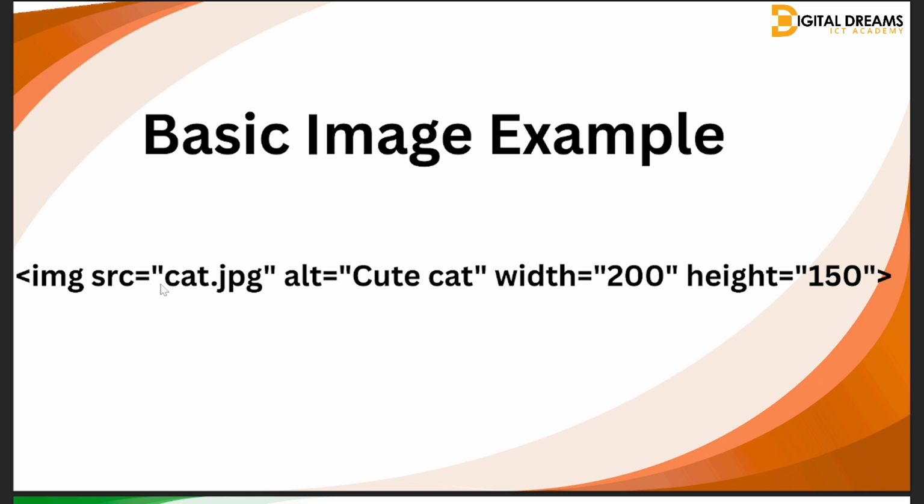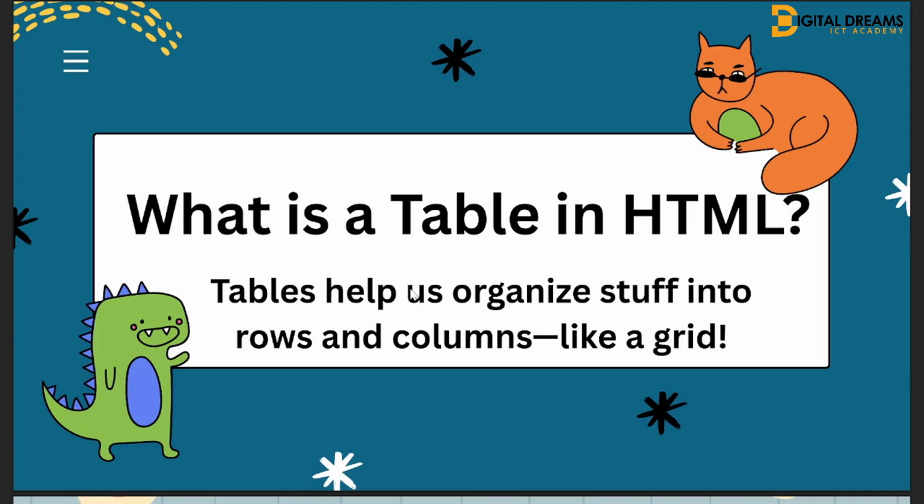Look at this example I have here: it is an image of a cat, and the alt says cute cat. So just in case this image, for whatever reason, doesn't show on your website, at least the name will show. Now that's good.